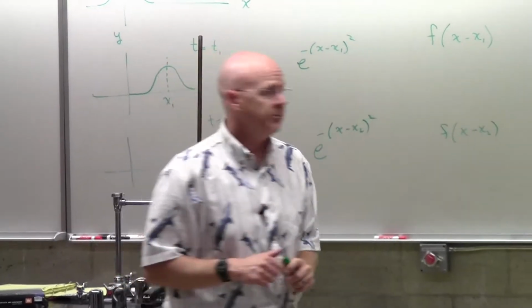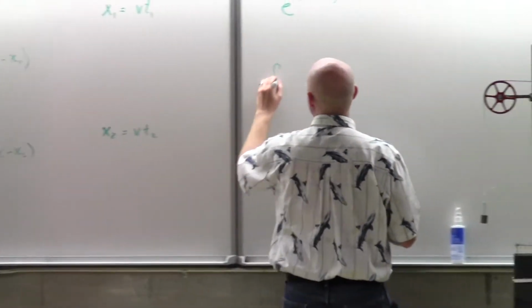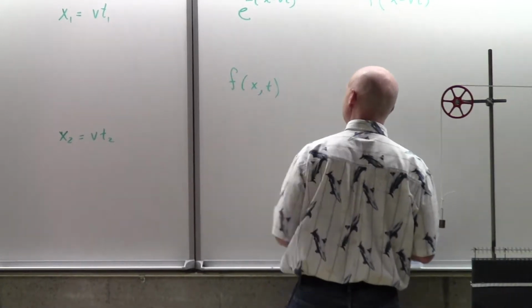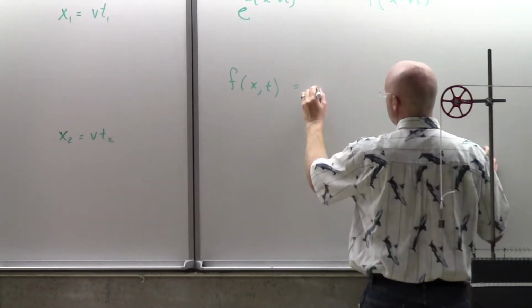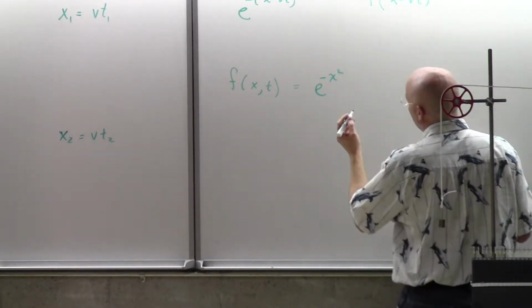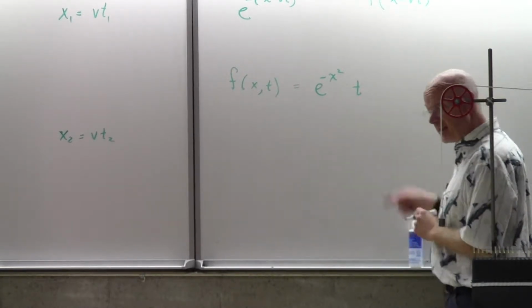Let me see if I change it a little bit. What if I had written the equation f, which is a function of space and time, and I had written it as e to the minus x squared multiplied by t. Is that a wave?